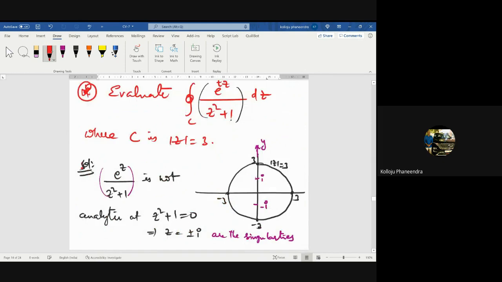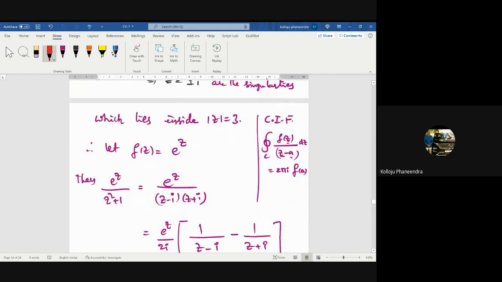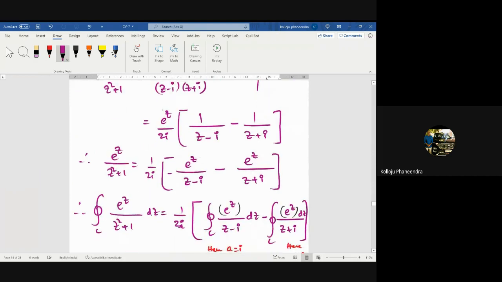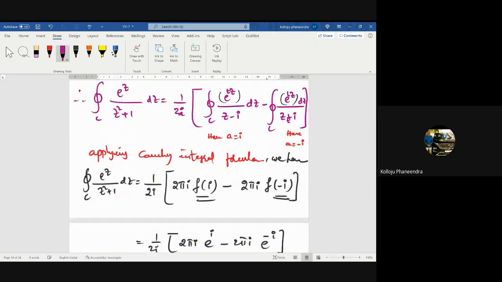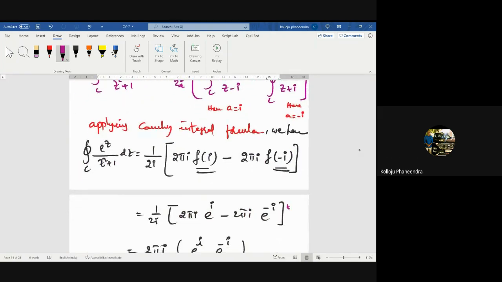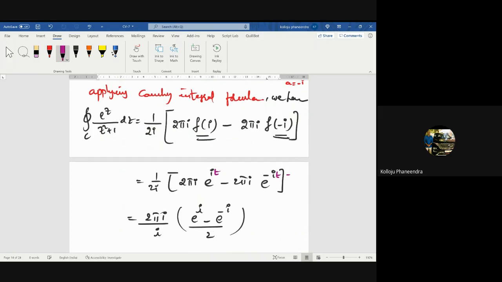Here also e power tz. So everywhere replace e power z with e power tz. Now in place of z I have to put i, giving e power it and e power minus it. Now this is correct, right?